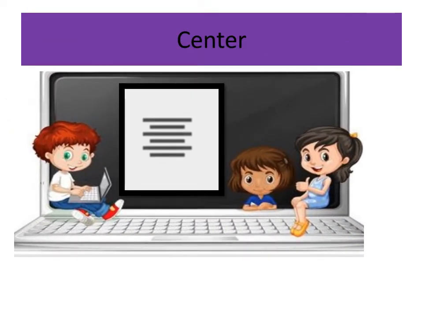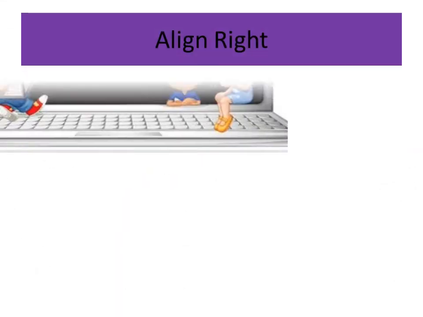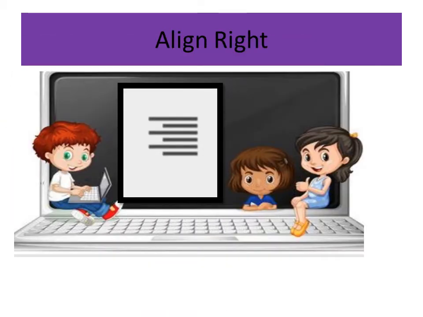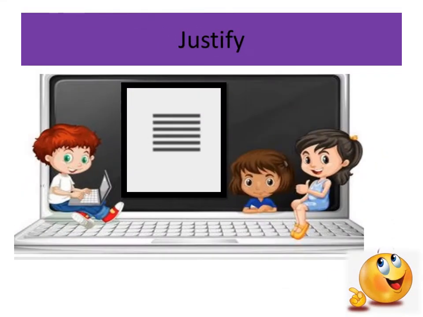If you want to align your paragraph into the center, you can use this button. And this is the align right button. When you want to align your paragraph to the right side, you can use this button. And this is justify. When you want to align your paragraph equally, you can use this button.